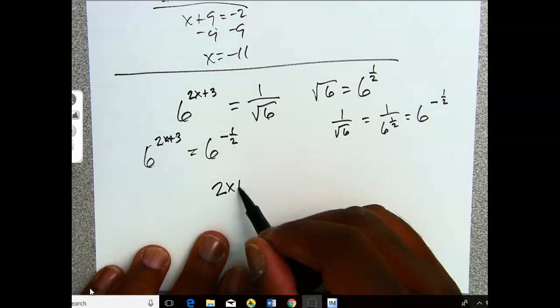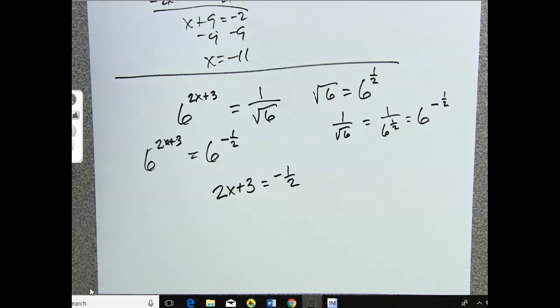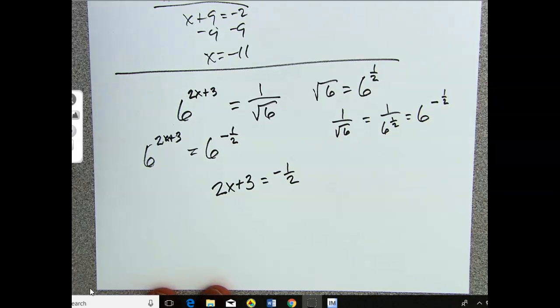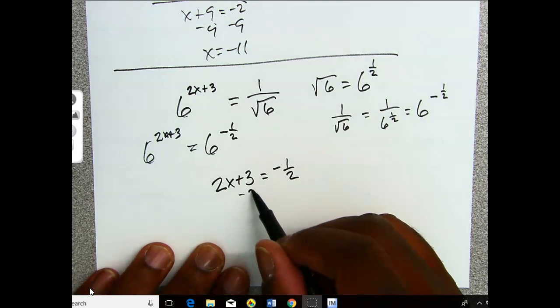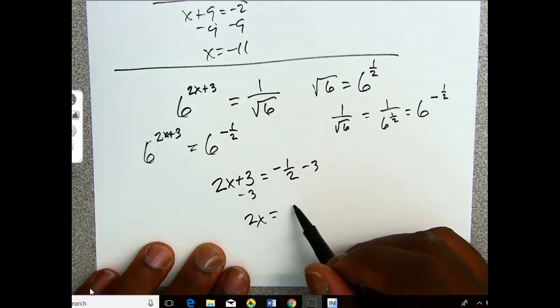So now you have 6 to the 2x plus 3 is equal to 6 to the negative 1/2. Fractions are numbers also, so we can solve this. So how do we solve this? We subtract 3, and then divide by 2. So 2x is equal to negative 1/2 minus 3.